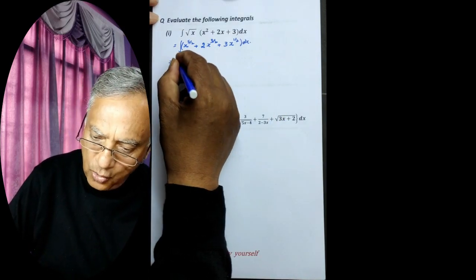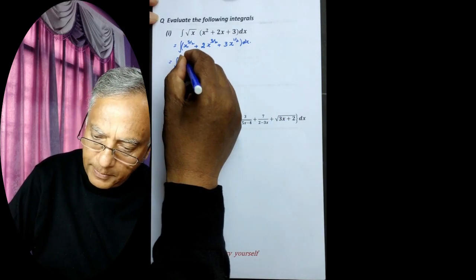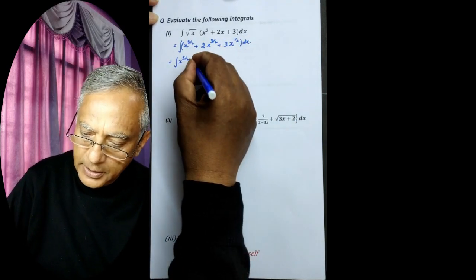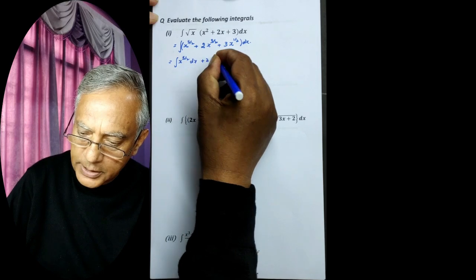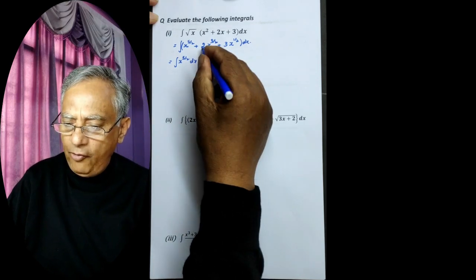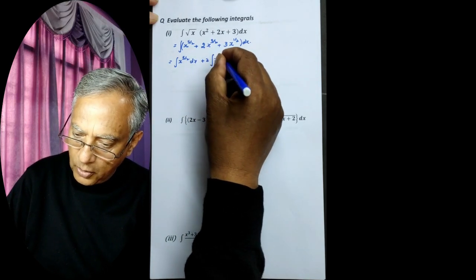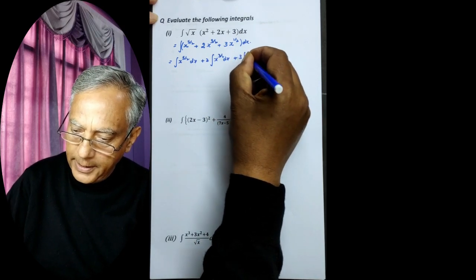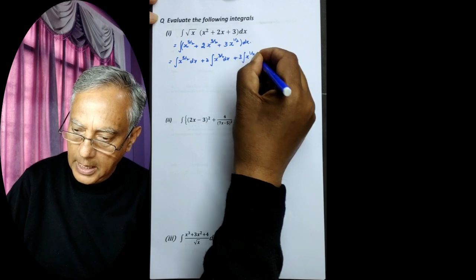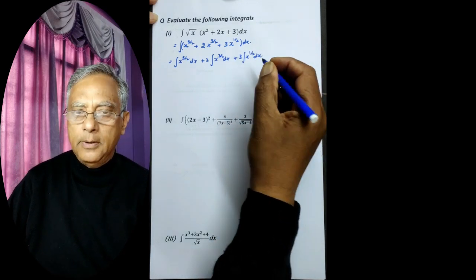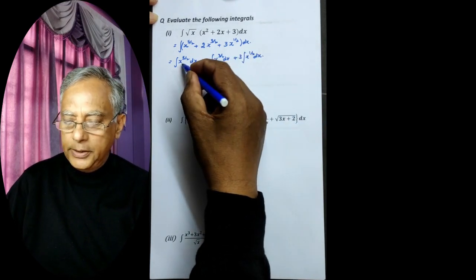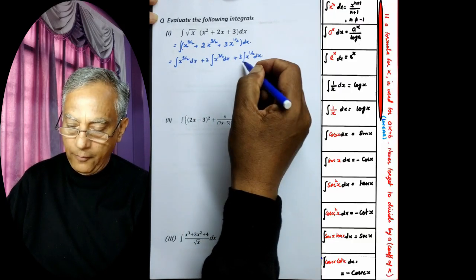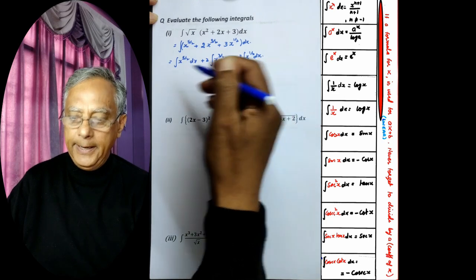And this is equal to integral x to the power of 5 by 2 dx plus 2 integral x to the power of 3 by 2 dx plus 3 integral x to the power of half dx. We can separate all these terms using the linearity of integration. Now we know the integration of all these. These are in the form x to the power of n.